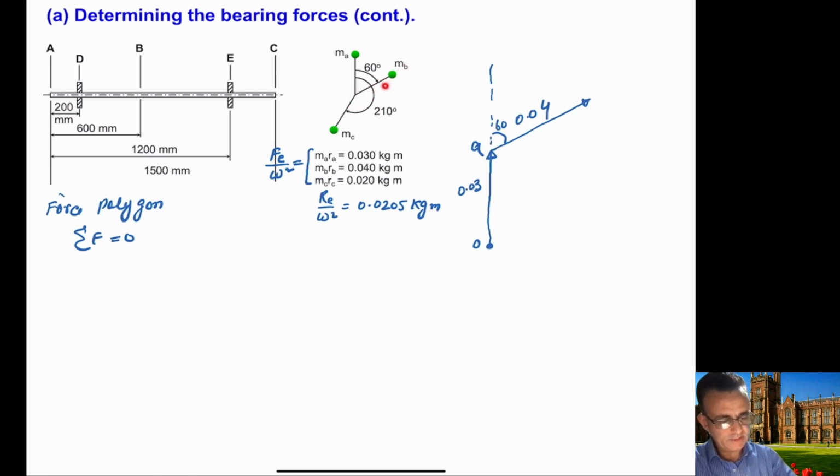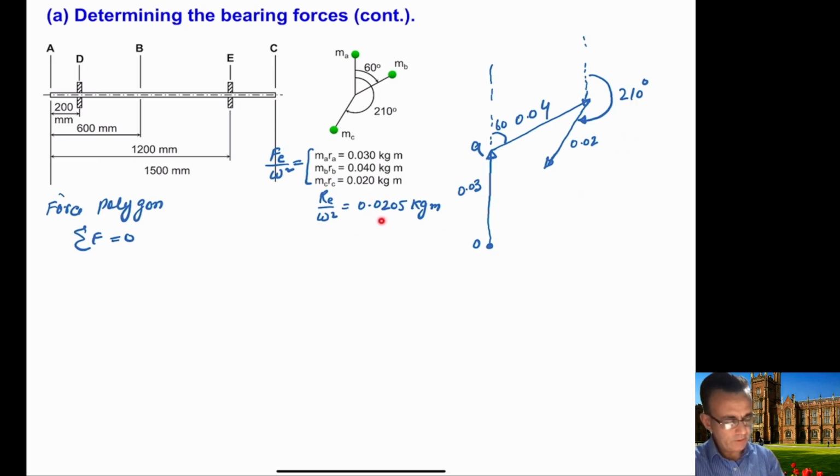And then you have MCRC, which is the force in the C direction, which is 0.02, and this should be in this direction here, 0.02 in this direction, and again this will make an angle of 210 degrees with the vertical.